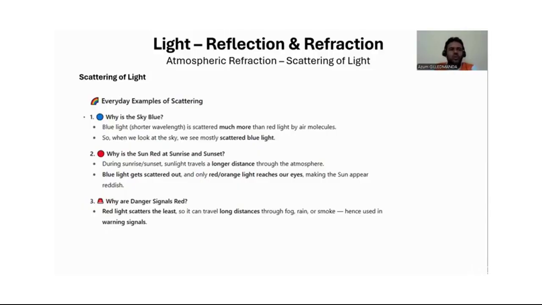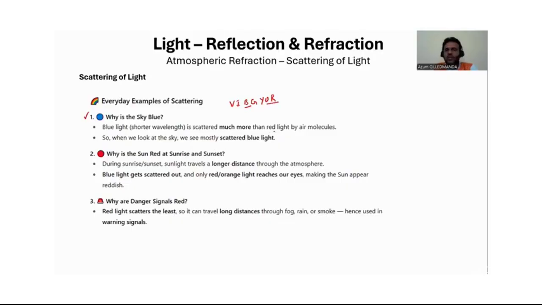We always see the sky is blue, right? That is the effect of the scattering of light. Let's see how. Blue light has a shorter wavelength. In VIBGYOR, blue light has shorter wavelength compared to orange and red.